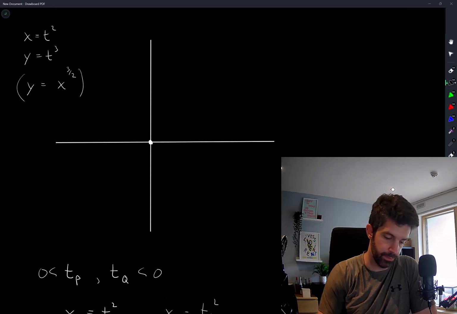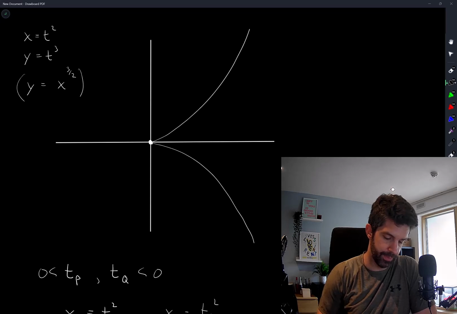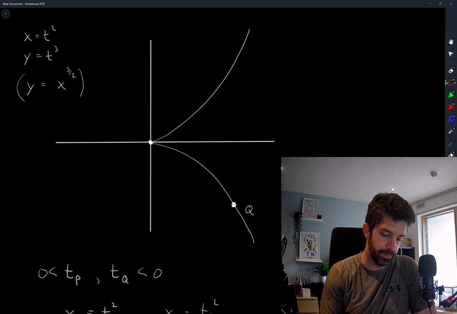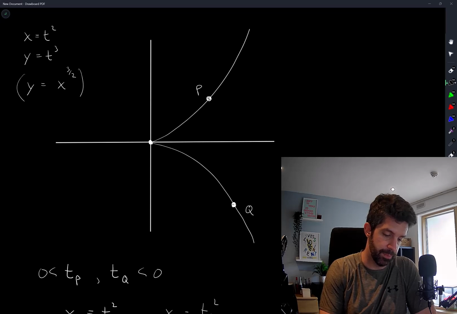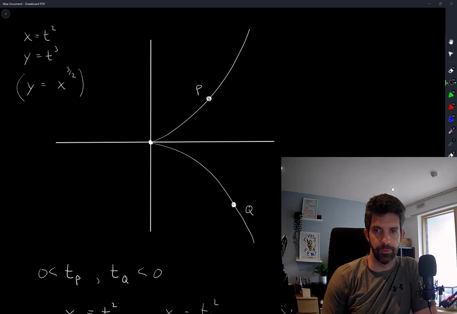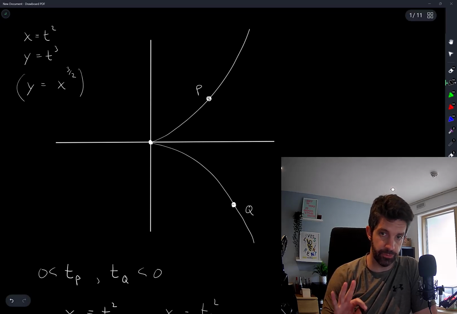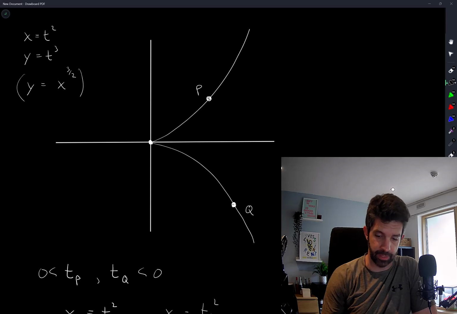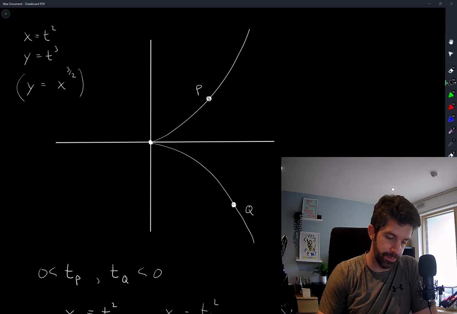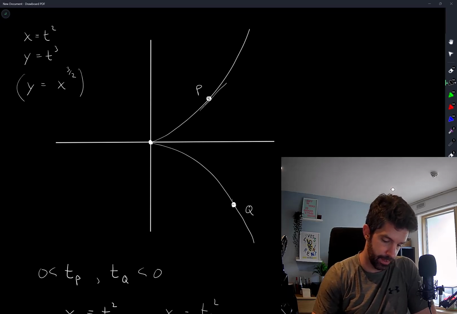If I trace out what the curve looks like, something like this. If I have some value of t, which gives me the point Q, then I can easily compute the corresponding value of t up here, which gives me the point P. They're just negative reciprocals. Then, the first step of what the question is really asking is first we compute tangents here and here.